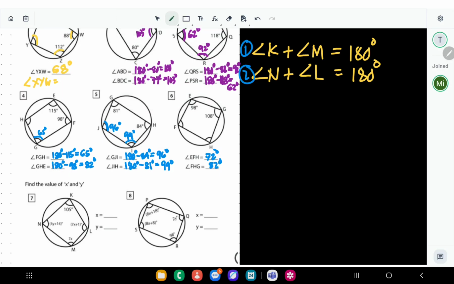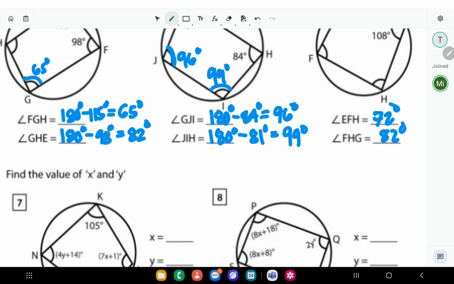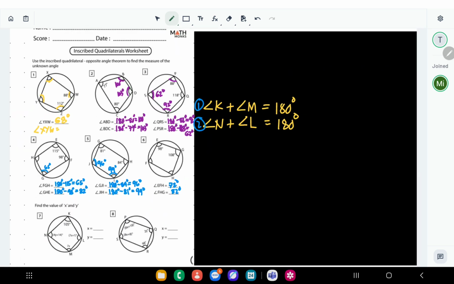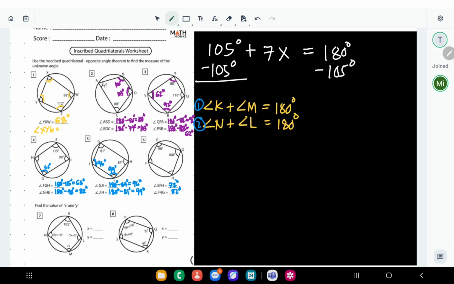Okay, angle K is 105. So 105 degrees. What is angle M? Okay, 7x. So we just plug that in here, so we can solve for the value of x. Now to solve for the value of x, we subtract 105 from both sides.